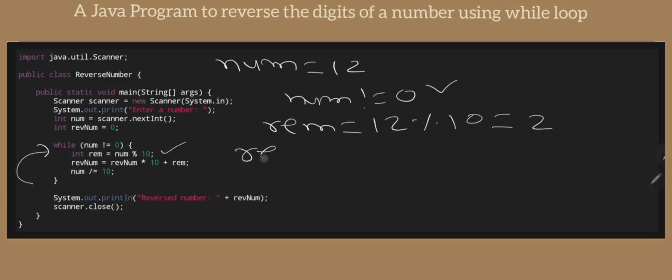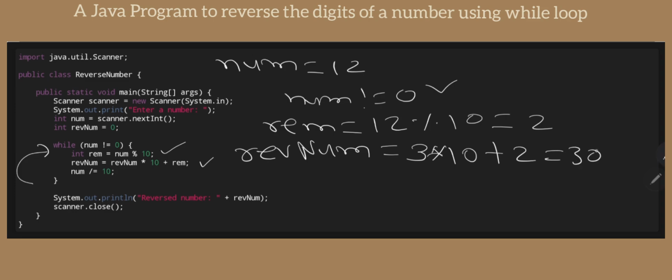Now this line, revNum equal to revNum multiply by 10 plus rem. Last reverse number is 3, and multiply by 10 plus 2. So 30 plus 2 is 32. So reverse number is 32.